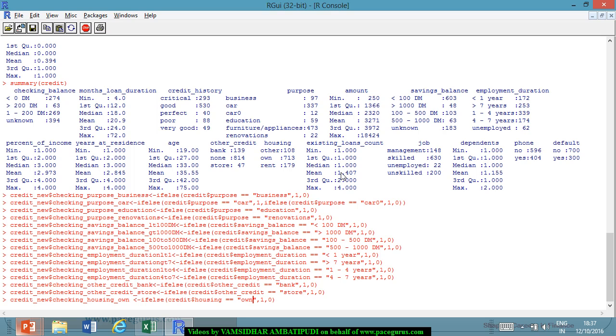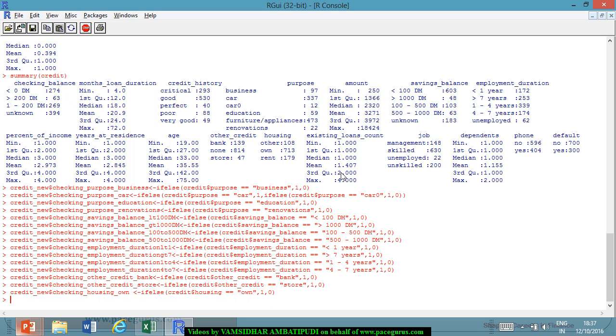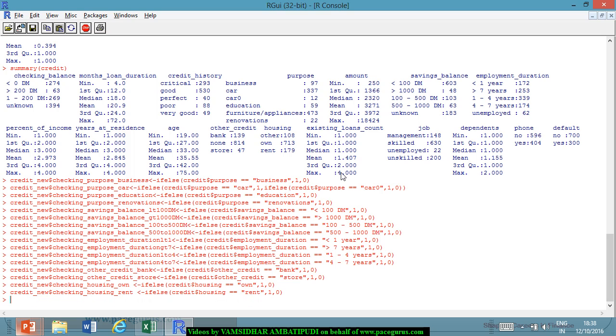This is one new variable that is getting created. And similarly, housing_rent, another new variable that I am creating, wherein I am comparing it with rent. So another two dummy variables getting created for housing.